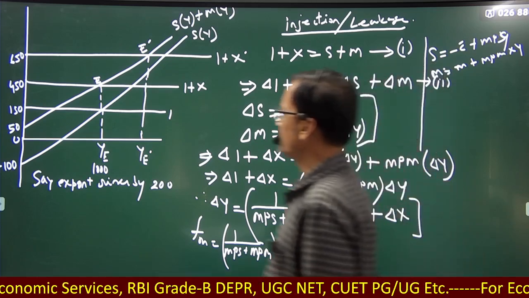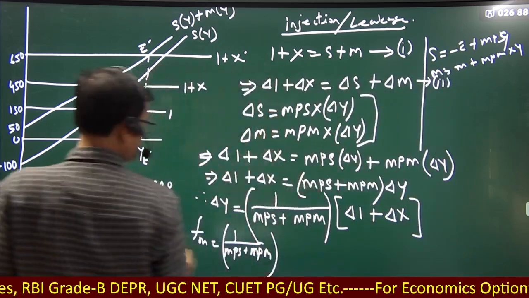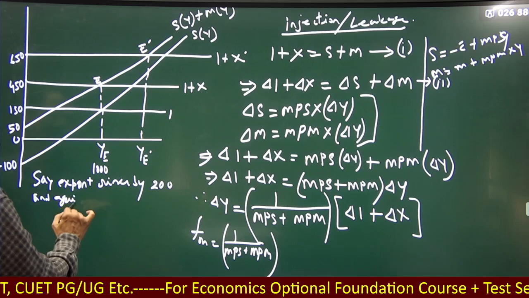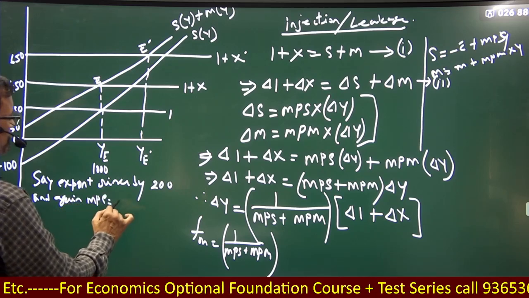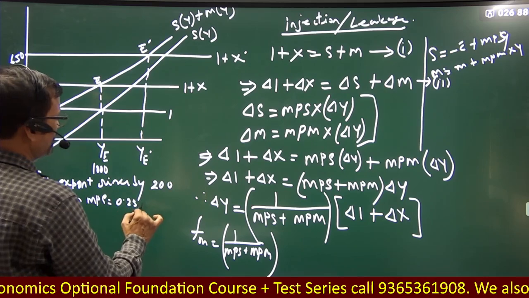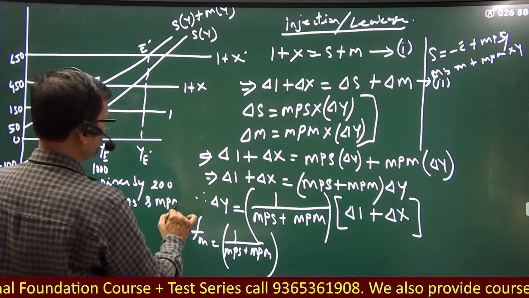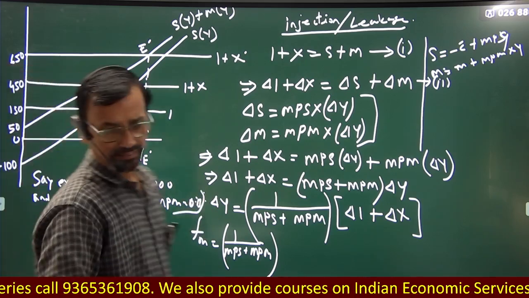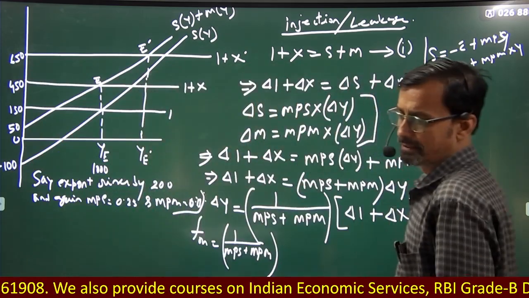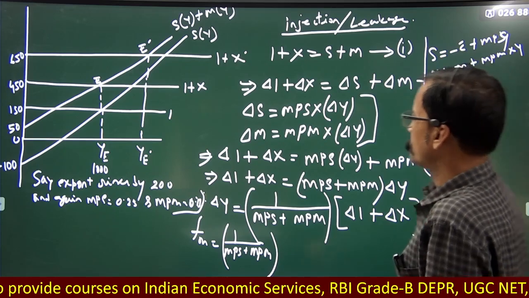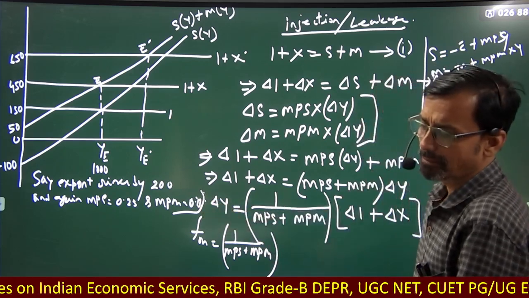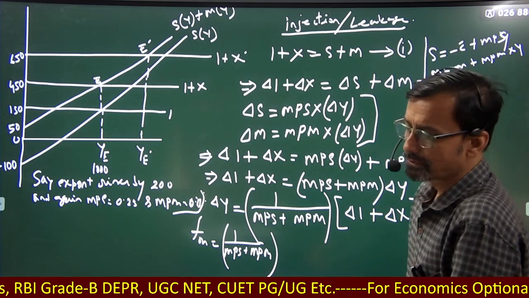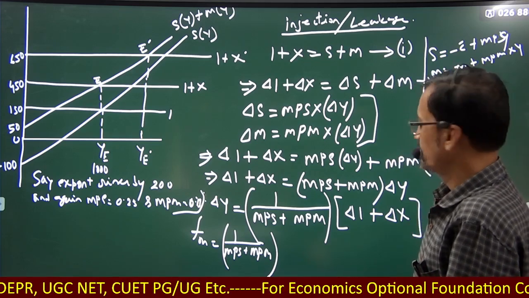Say MPS is 0.25 and MPM is 0.15. By adding both, we get 0.4.